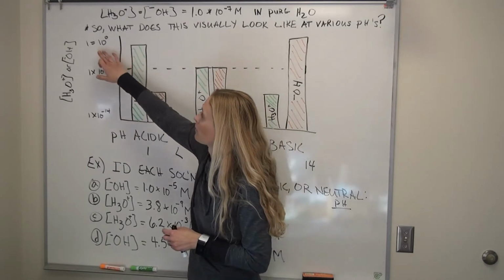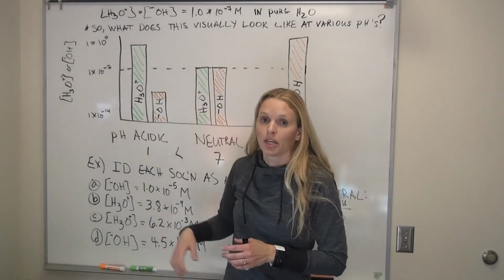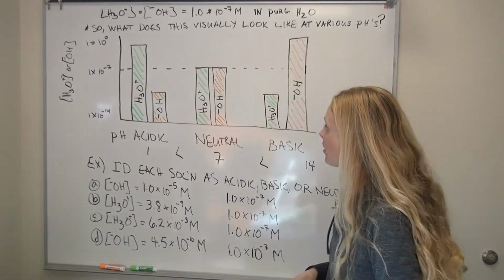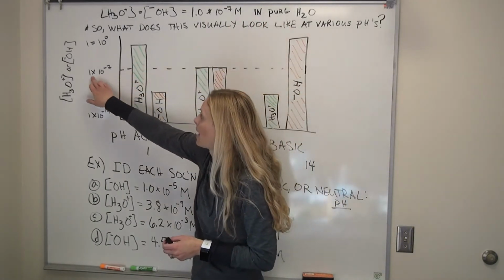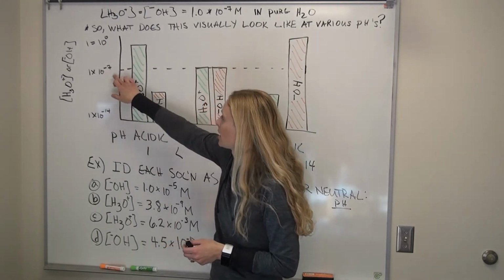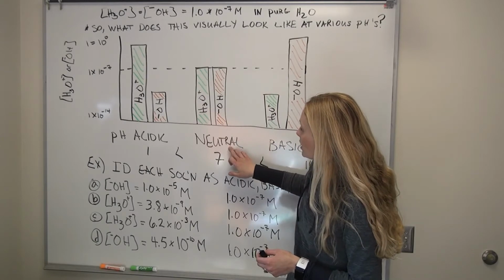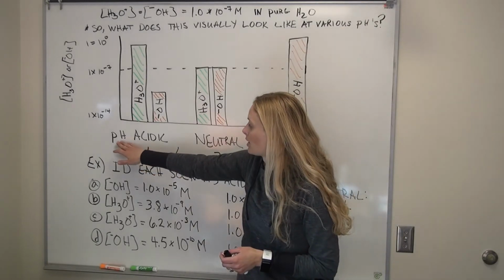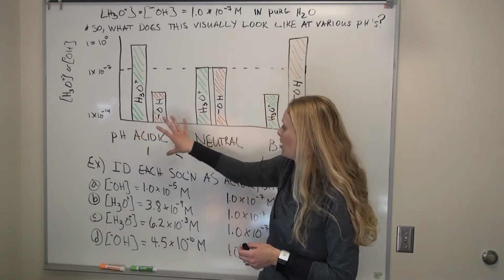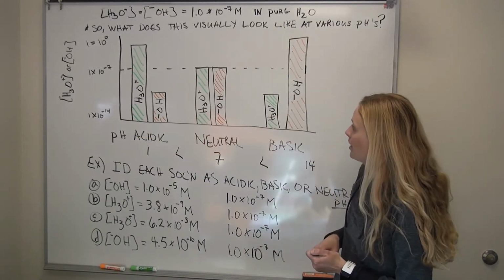It can range anywhere from 1 all the way down to 1 times 10 to the minus 14th, which is the Kw of water. In pure water, we have equal amounts of H3O plus and OH minus ion, which in this scenario is a neutral condition at pH 7. On the x-axis, I've plotted pH, so I have acidic, neutral, and basic conditions here.